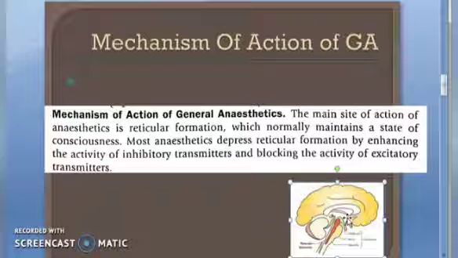This reticular formation is maintaining our consciousness. So even when you fall asleep, that moment where you fall asleep and you're awake, reticular formation is responsible for that. And most anesthetics, they depress this reticular formation. So you will become unconscious.